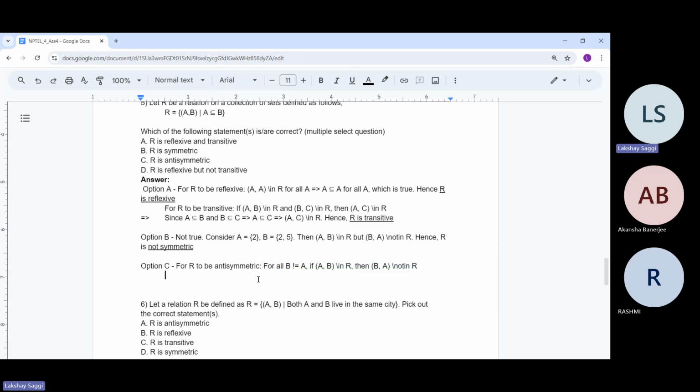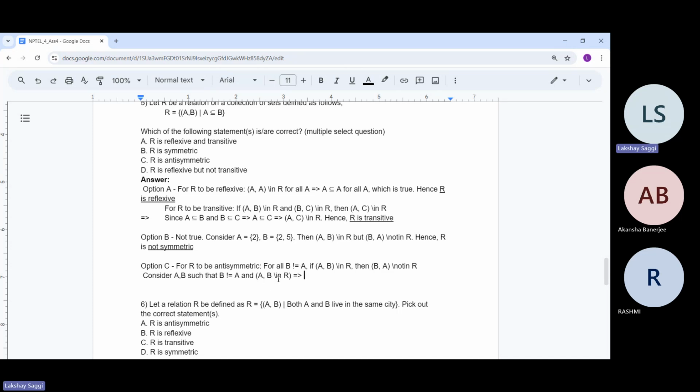And here we'll see that it actually turns out to be antisymmetric. Why is this the case? Consider (A, B) such that B is not equal to A and (A, B) is in R, right?